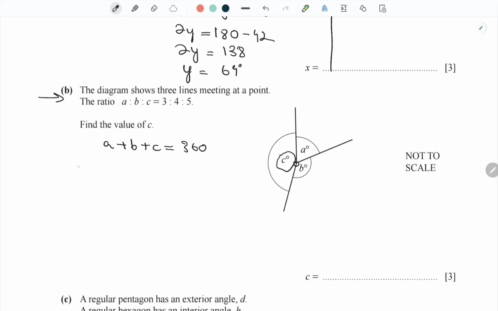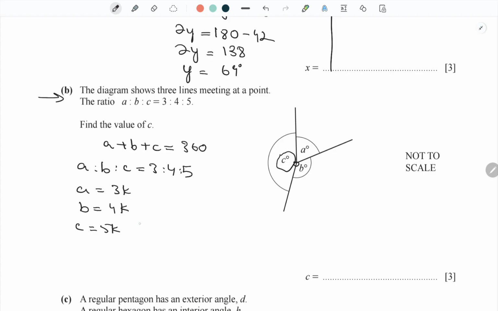Now we have the ratio a to b to c as 3:4:5, so let the common multiple be k. That means a equals 3k, b equals 4k, and c equals 5k.